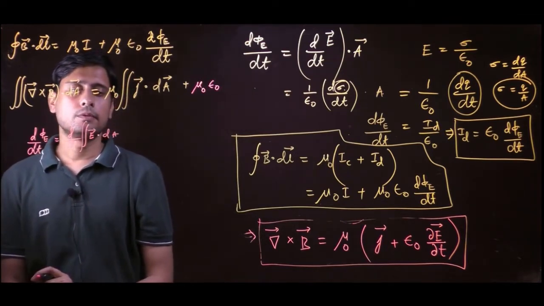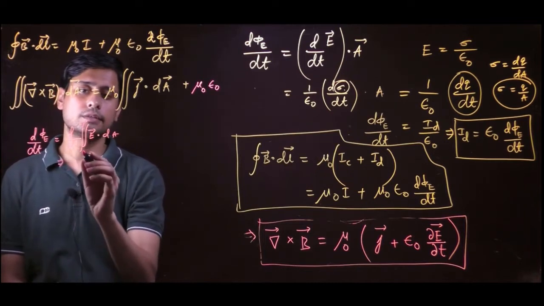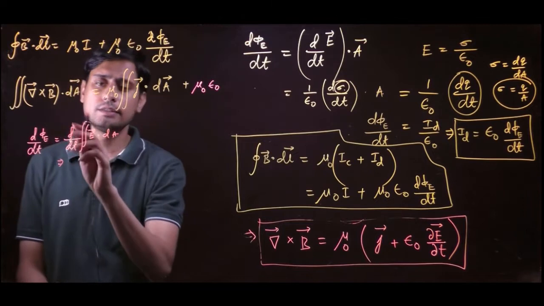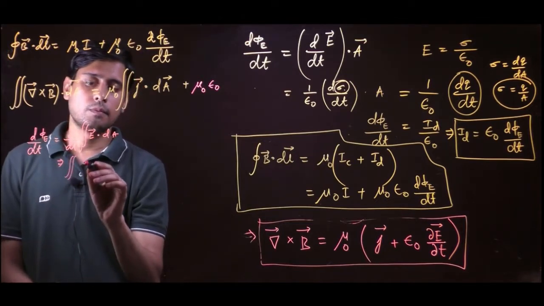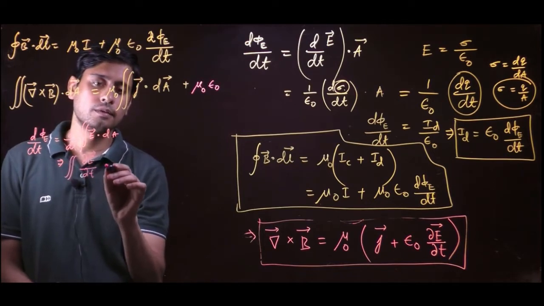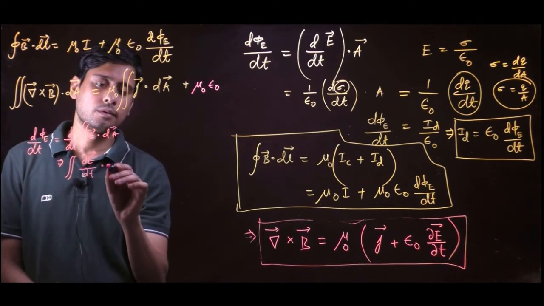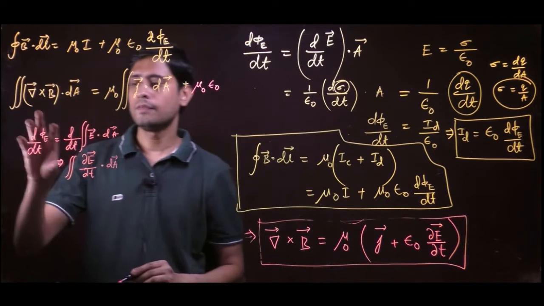We can swap the integrals, taking this derivative inside. So this will be equal to del E over del t dot dA. So this is your d phi upon dt term.